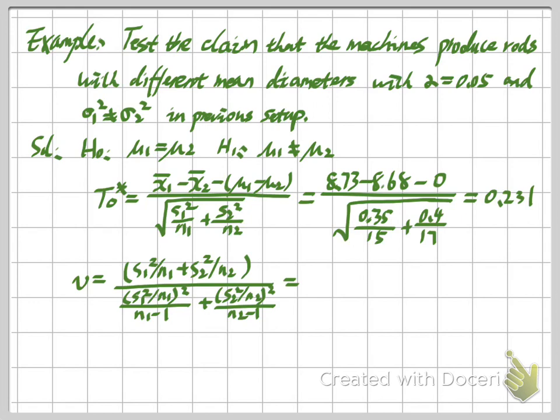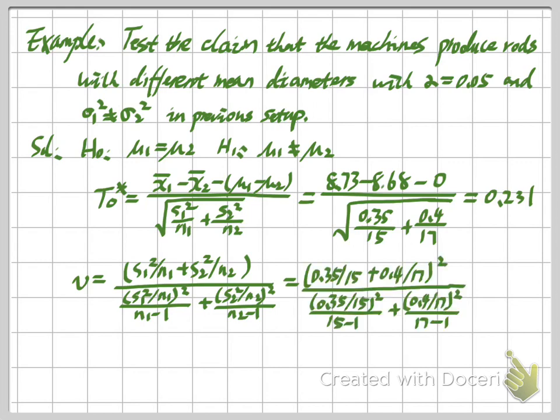So then we just plug in all of the values we have for S1, S2, and N1, N2. We need to use a calculator to compute this. So the final one is about 29.88.